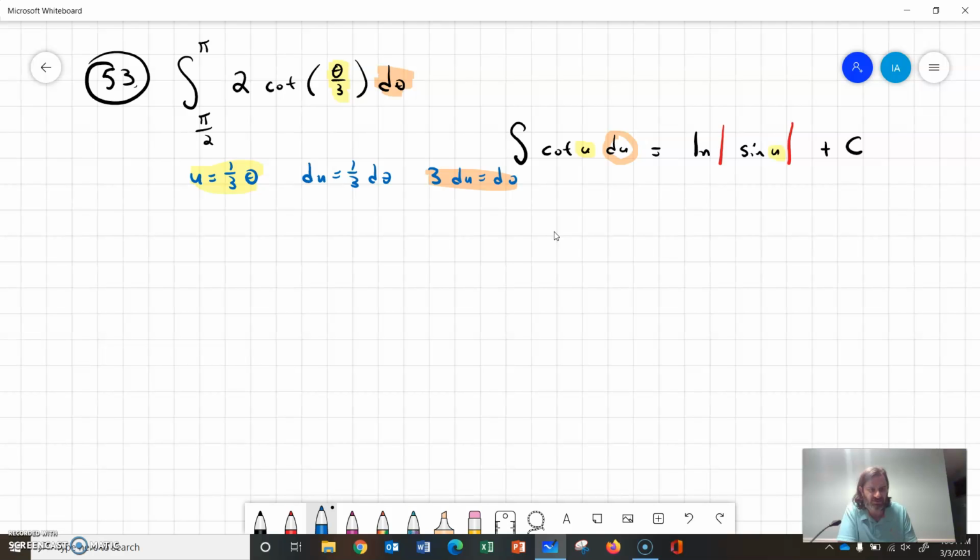So we're going to be in terms of u here, so we're going to integrate. We've got a 2 out here. Now there's going to be a 3 to go with it from the 3 du, but that'll be 6 cotangent of u du. That's going to give me 6 natural log of the sine of u.